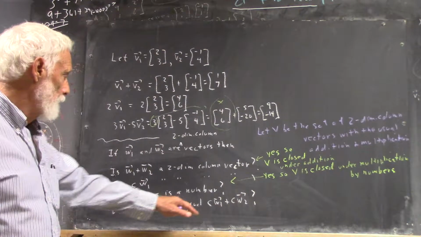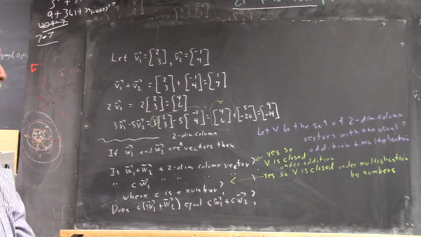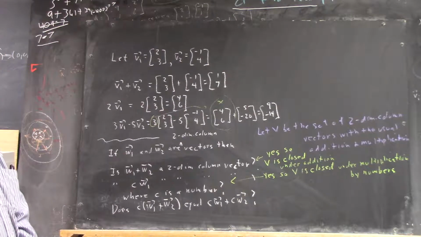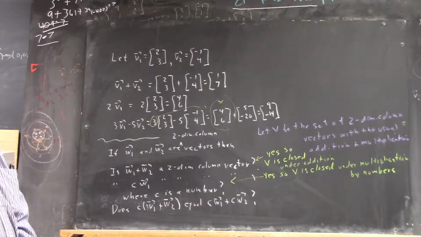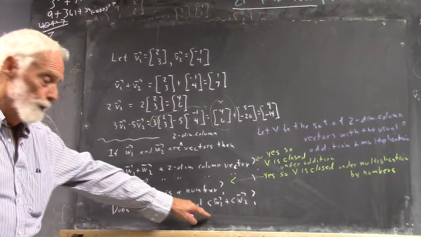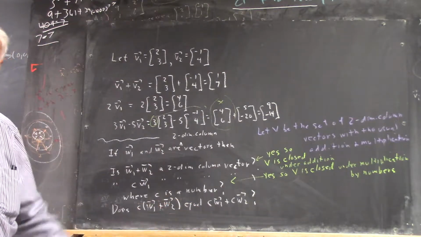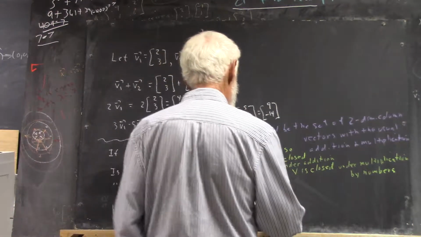So what property do you think this is? What are we doing here to say that this is equal to this? What's the name of the law? Distributive law. Now we want to be specific.